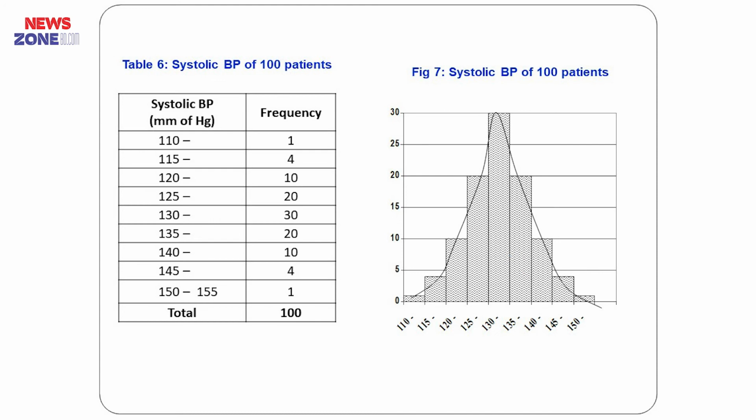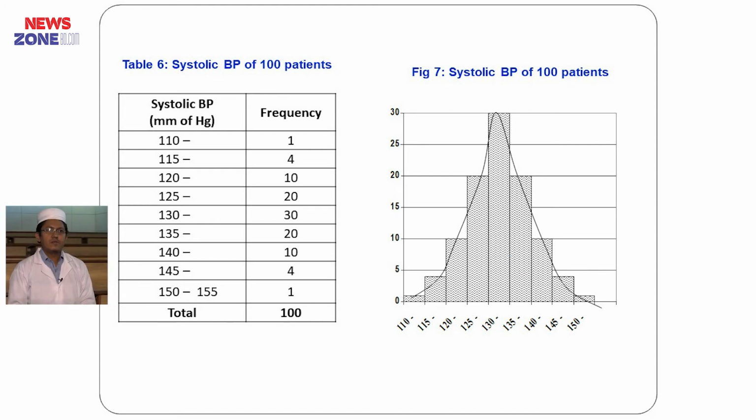Here is another example of a frequency curve. On the left side we see the systolic blood pressure of several persons and their frequency, the number of persons in each group of blood pressure.